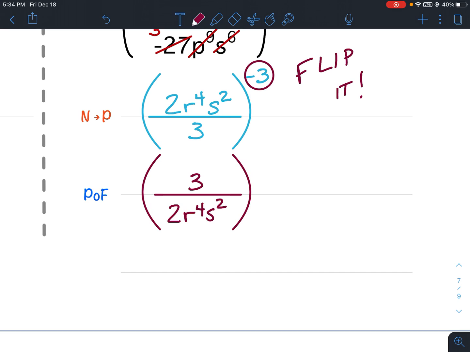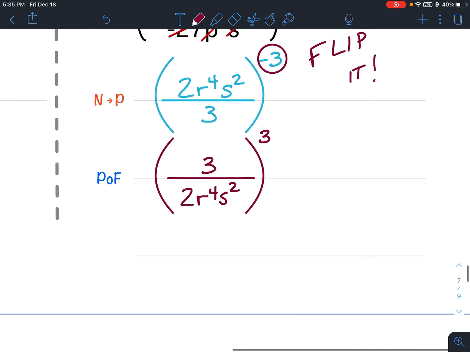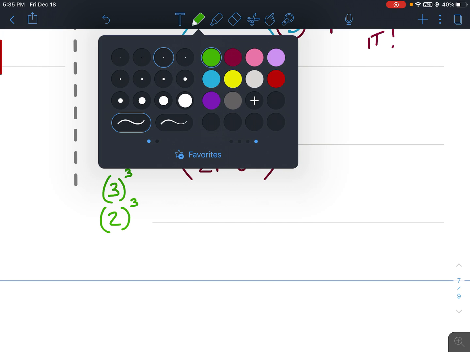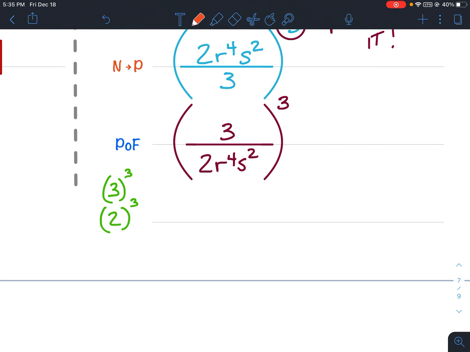And the exponent now will be a positive 3. Last step, power of a fraction. All right, so off to the side is where I write 3 to the 3rd and 2 to the 3rd. Three to the 3rd power is 27.